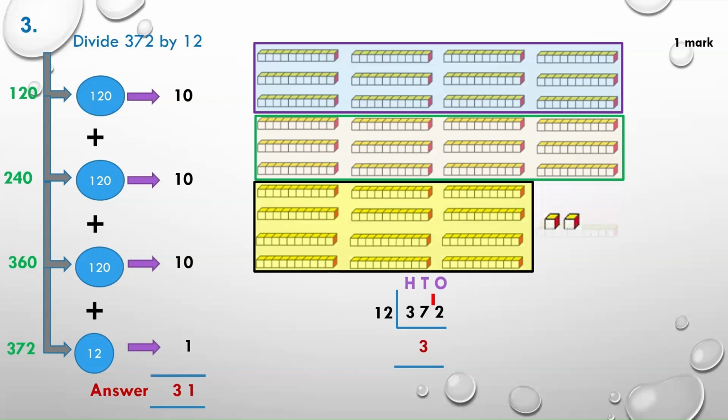So we can replace the 1 ten by 10 ones and 2 ones. We have 12 of those ones or 12 units. Can we form a group of 12 there? Yes, we can. So we're getting one group of 12. So in 372, we were able to form 31 groups of 12.